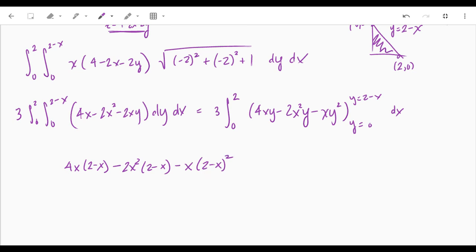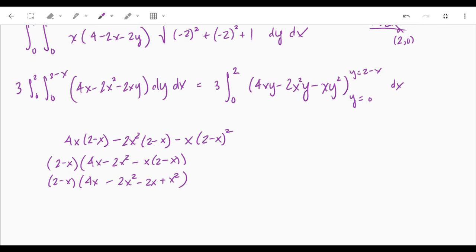Okay. There are different ways we could do this. I'm going to factor out a 2 minus x. So I'm left with 4x minus 2x squared minus x times 2 minus x. So 2 minus x times 4x minus 2x squared minus 2x plus x squared. And then I have 2 minus x.